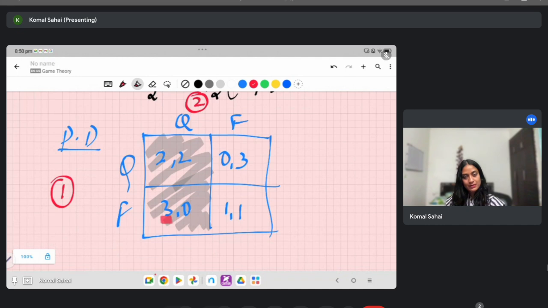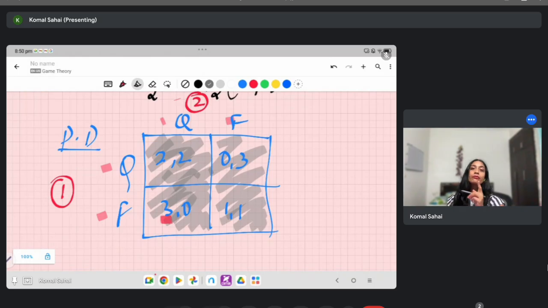Remember, this here is player 1. These are the actions of player 1. This here is player 2. These are the actions of player 2. Or by logic, the column over here is where player 2 chooses to be quiet. The column over here is where player 2 chooses to think.